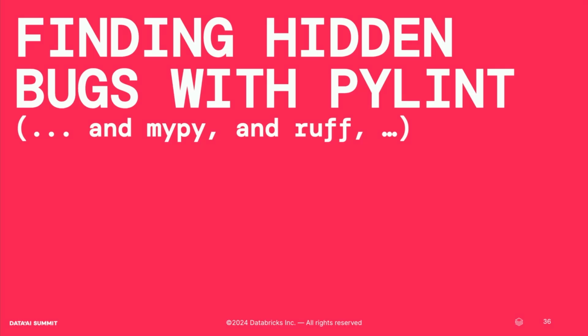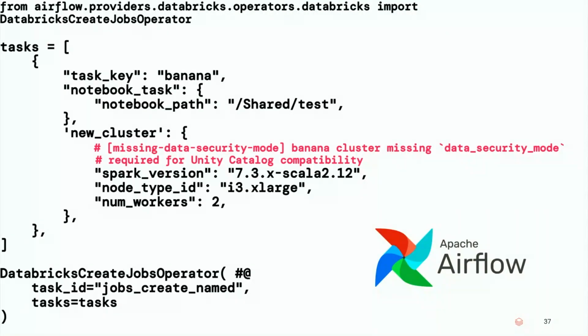Another thing, and a very fun thing, is finding hidden bugs with Pylint and MyPy and Ruff and other things. So, how many of you are using Airflow? Yay, awesome. How many of you migrated to Unity Catalog with Airflow? Not many. So for those who did not migrate to Unity Catalog with Airflow, know that if you don't specify data security mode explicitly in your Airflow tasks and you enable Unity Catalog on a workspace, your jobs will break.